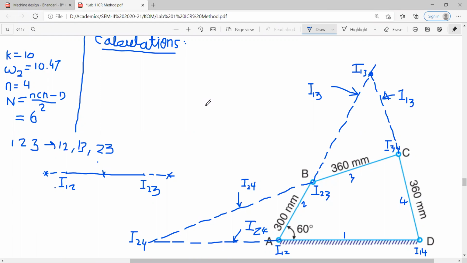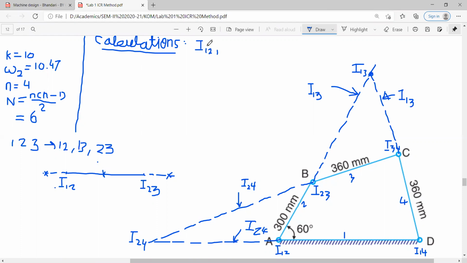Calculations are very simple, as I told you earlier. Which formula you have to use? V equal to R omega. Just one formula. Before that, remember that the ICRs we will use for calculations will be those ICRs which are related with link 1.